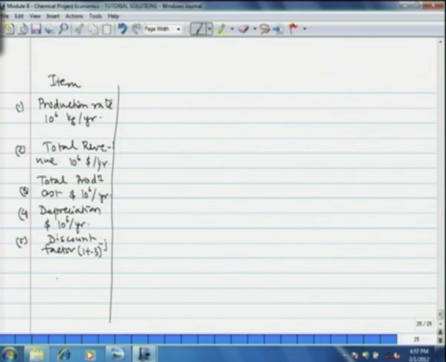Then the discounted revenue, dollar 10 to power 6 per year.